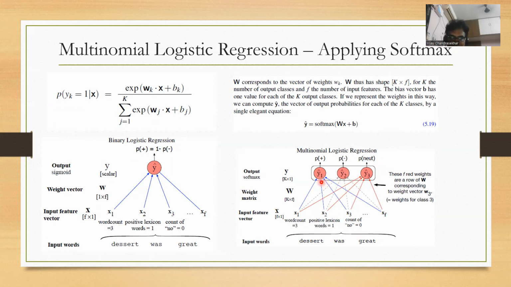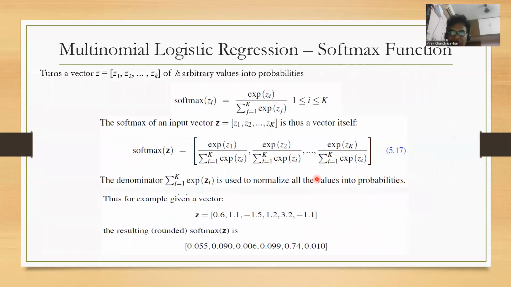And once I have z1, z2, z3, I will pass them to the softmax function, because what the softmax function does is, if I have z1, z2, z3 with me, it will help me figure out probability. That's what we did here. If I have z1, z2 all the way up to zk, but let's say there is just z1, z2, z3, then the softmax function will help us figure out probabilities, right?